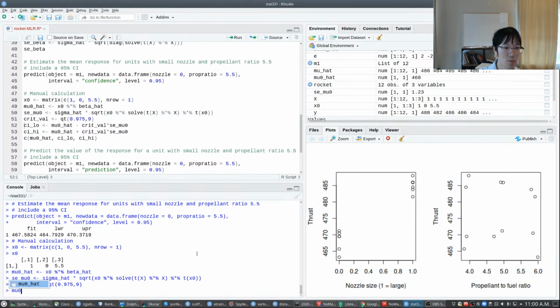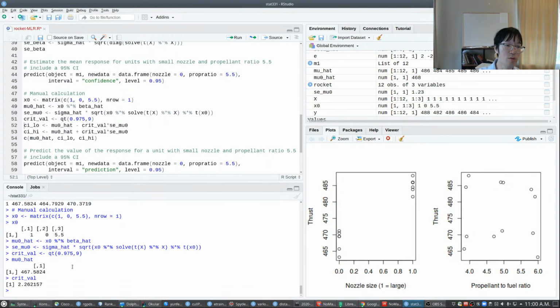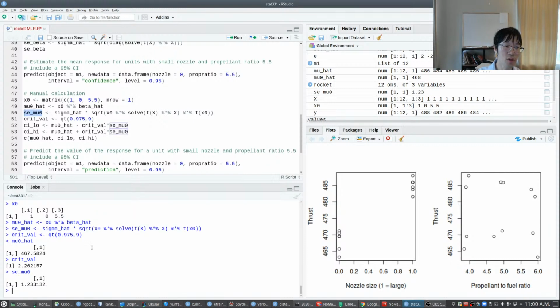So this is mu 0 hat, the estimate, and then plus the constant c, which is about 2.26, times the standard error, which is 1.23, and so we can calculate the corresponding limits. The lower limit is the estimate minus c times standard error, and the upper limit is the estimate plus c times standard error.